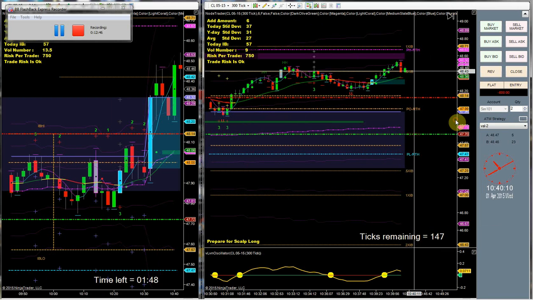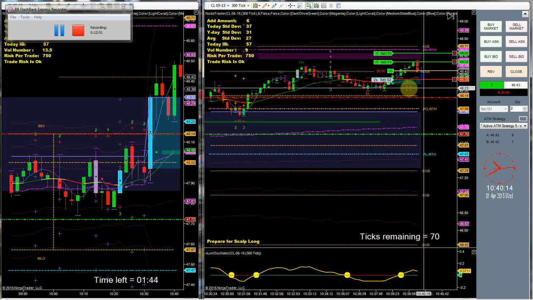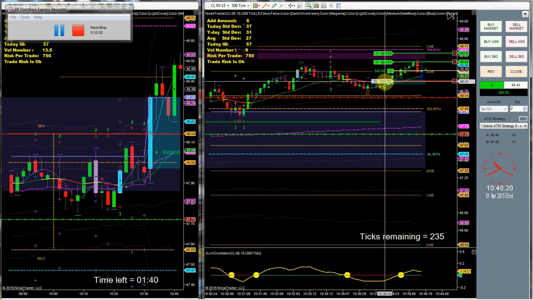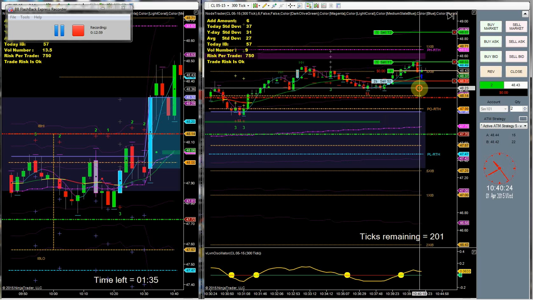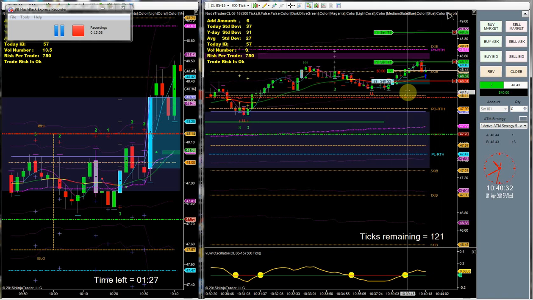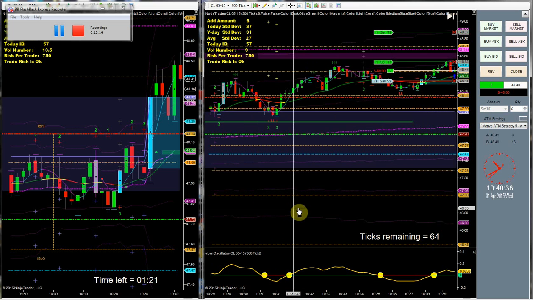Order pending. Order filled. We have two low volume nodes here, so if this one doesn't work, I'll use another two contracts right here at this level. Again, we're looking for long setups here because that's how the news pushed the market.